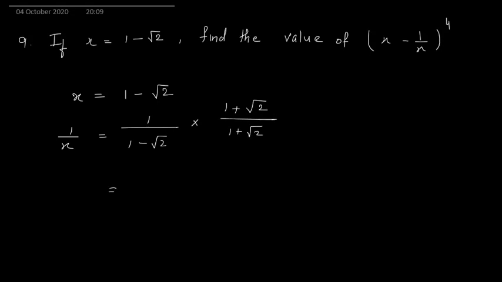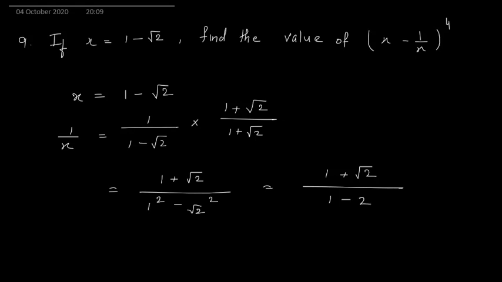So your numerator will become 1 plus root 2. Your denominator will become 1 squared minus root 2 squared. So this is 1 plus root 2 divided by 1 minus 2. So this is 1 plus root 2 whole divided by minus 1, that is minus of 1 plus root 2.